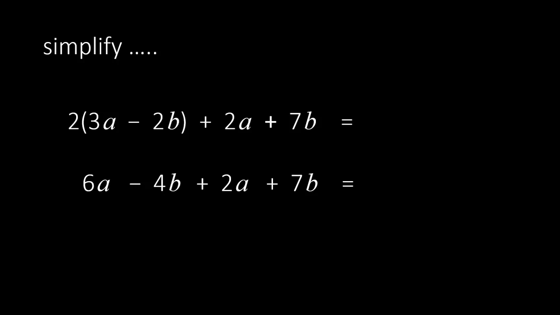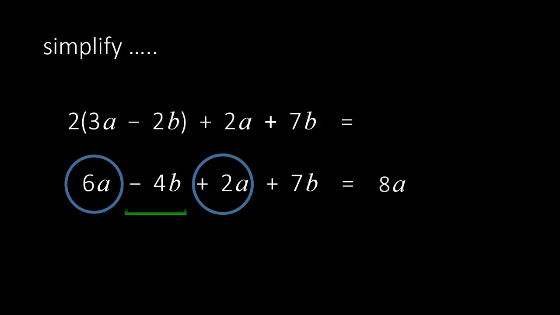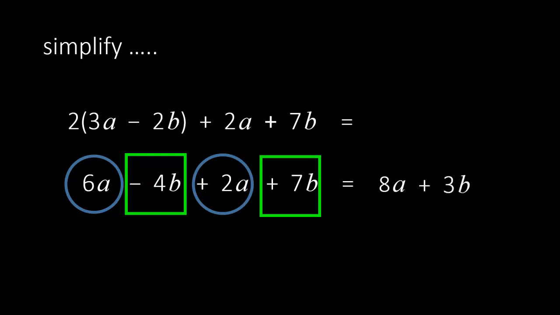We got rid of the brackets. And we're just going to do circles and squares like that. How many a's? Well, 8a. How many b's? Minus 4b plus 7b. That's a total of plus 3b. So it was made a little bit trickier with those brackets, but once we got rid of them, then everything was nice and easy like the previous one.